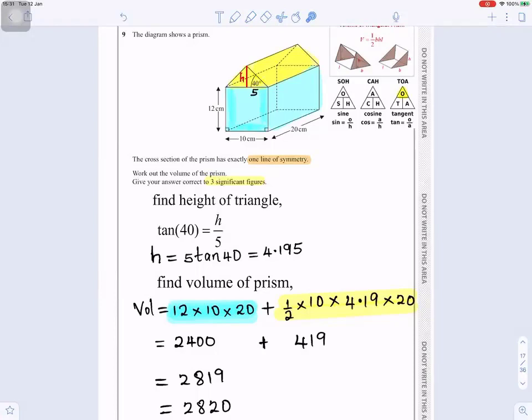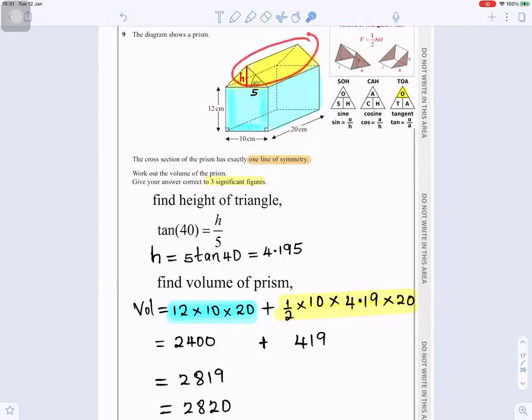So the volume of the top part, the yellow part, is half base times height: half times 10 times 4.19 times 20, the length.